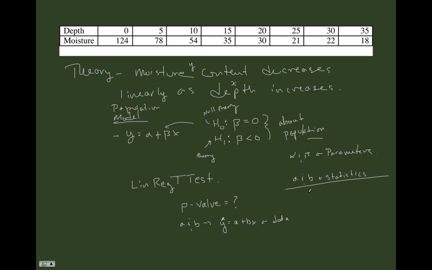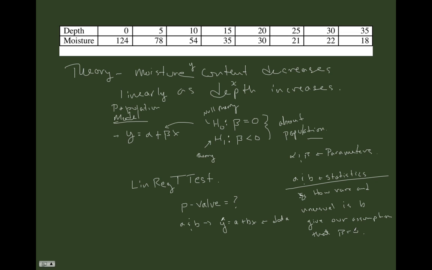The rare event principle means that the question we're asking with our p-value is: how rare and unusual is B from the data, given our assumption that beta is equal to 0?